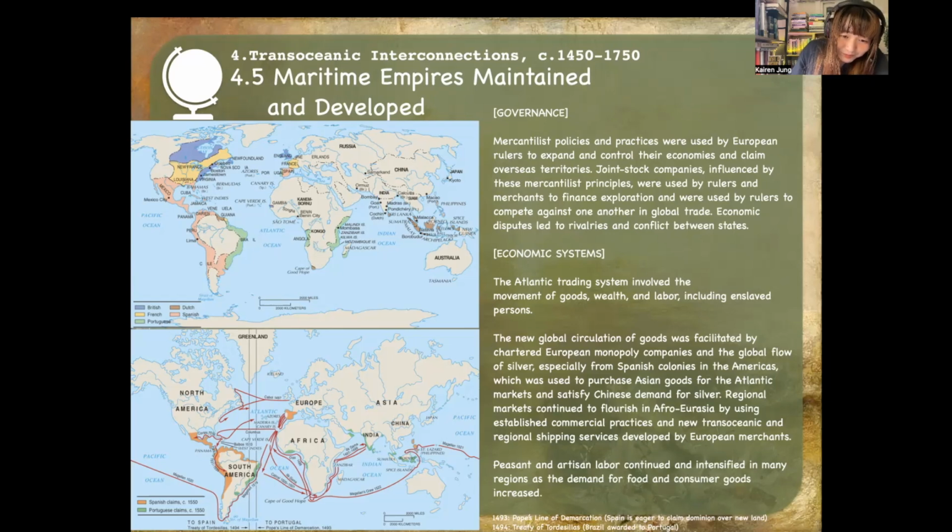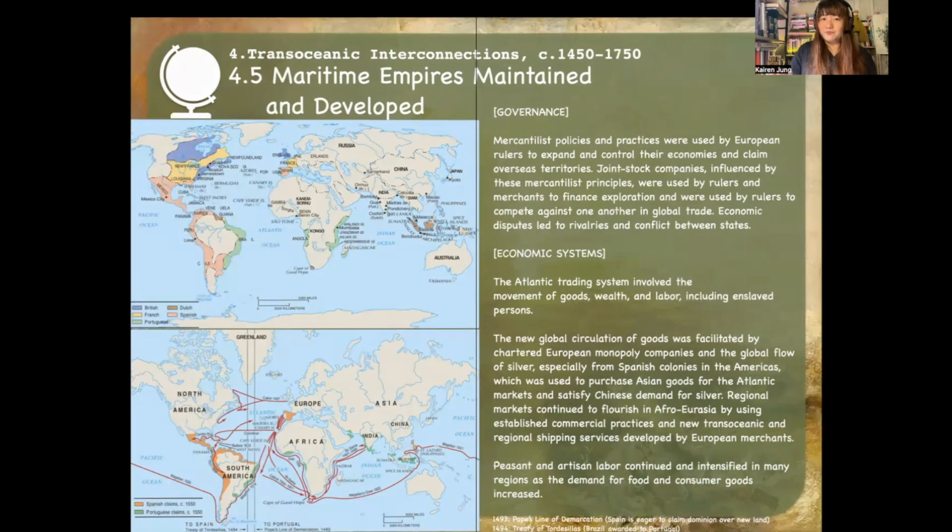Now remember that in 1493, the Pope's line of demarcation was drawn so that Spain could claim dominion over its portions of the new land. But then in 1494, the Treaty of Tordesillas, Brazil was awarded to Portugal. So you don't have to remember the exact dates, but just remember the rough time period, and be able to recognize it when you see it.